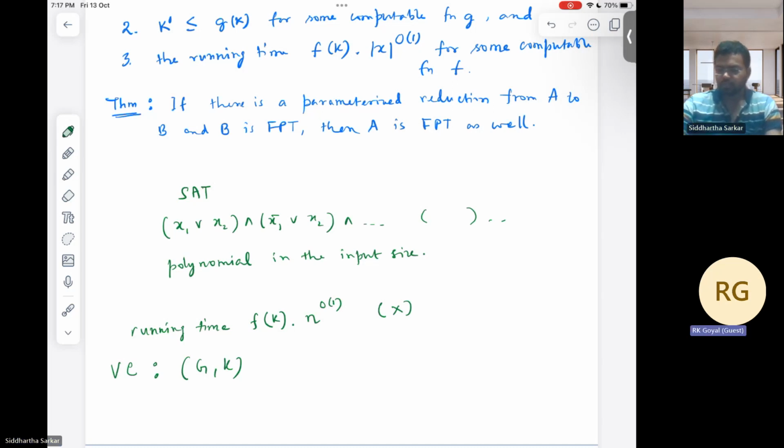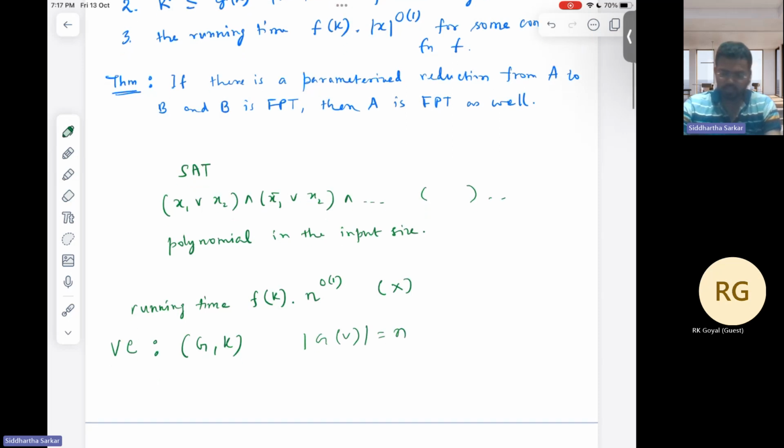Now we know that this is not possible to answer. Let us say the number of vertices in the graph is n. So we know there is no polynomial time algorithm to answer this question. This is known to be NP complete. So n to the constant running time is ruled out.